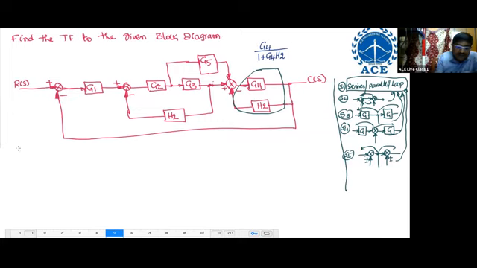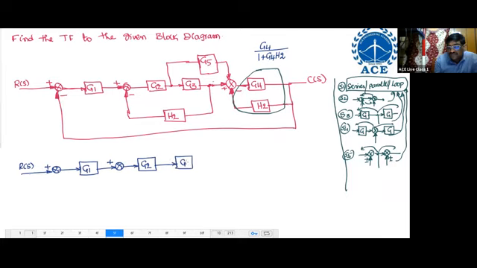Now, if I draw the diagram here: R of S, summing point, G1, plus, G2, G3, summing point.